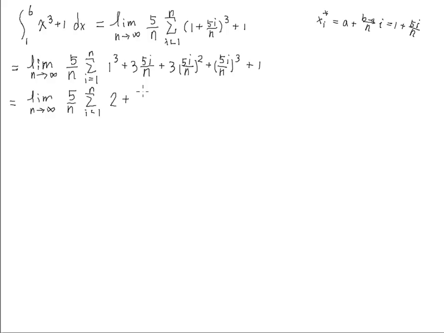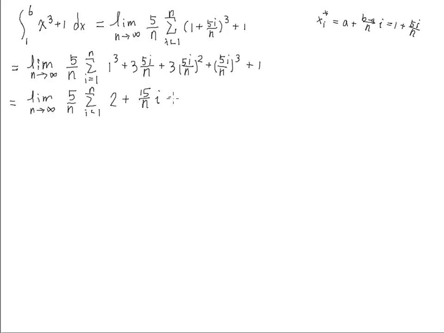We have 15 over n, and then we have i. Now, when we add up these things, n is fixed. n is a parameter, saying how many terms. i is changing because i goes from 1 to n. So 15 over n is a constant inside our sigma notation.